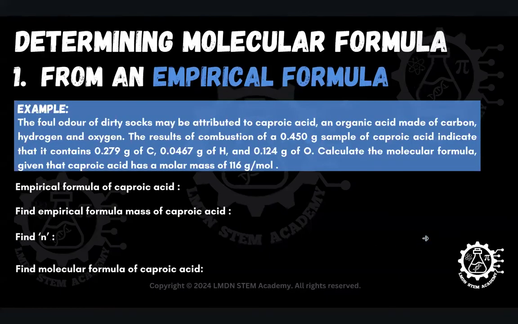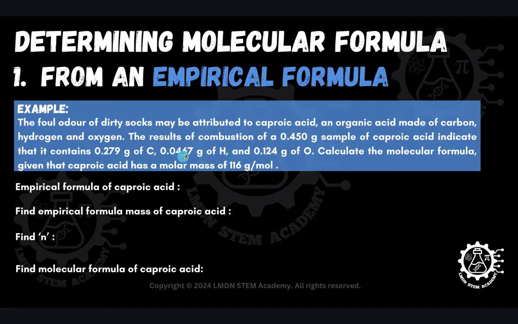right? So let's take an example. And what we're going to do is we're going to take the very first example that we did and just extend that question a little bit to include molecular formulas. So again, we have the foul odor of dirty socks can be attributed to caproic acid. We have the results of a combustion. They gave us the masses, right?